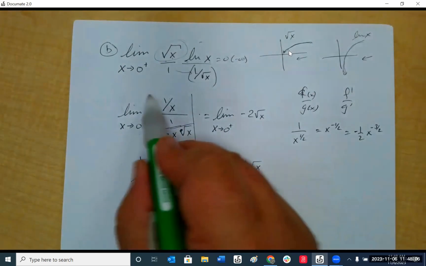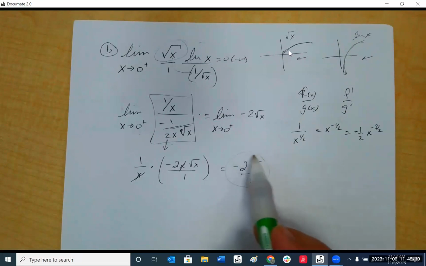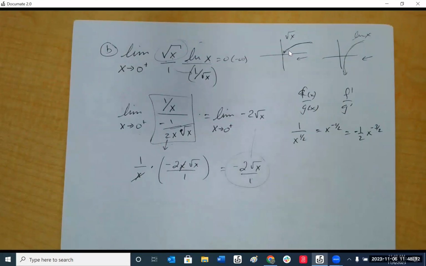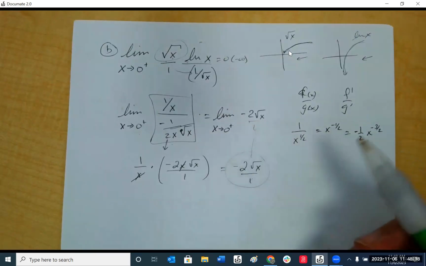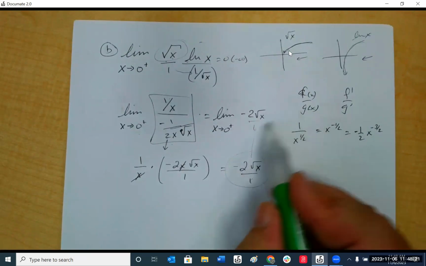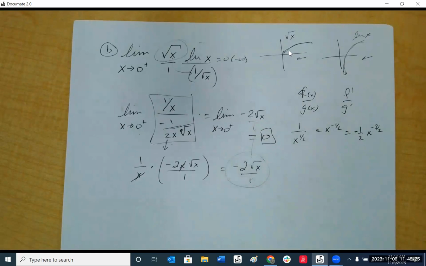Because this operation here, when we simplify it, becomes this. And since it's over 1, we can't do L'Hopital's rule again, so we just plug in 0, and we get 0. And then that's our limit. Yeah, because that's a valid answer.